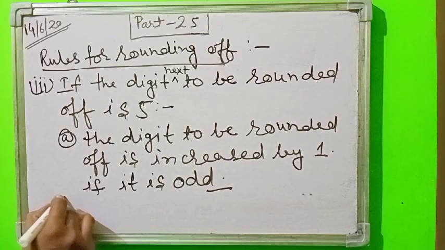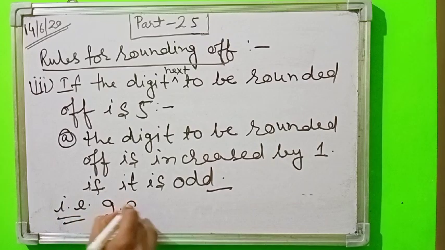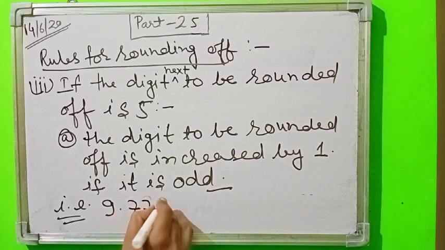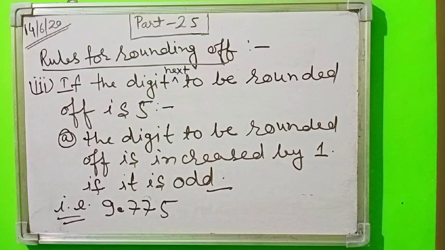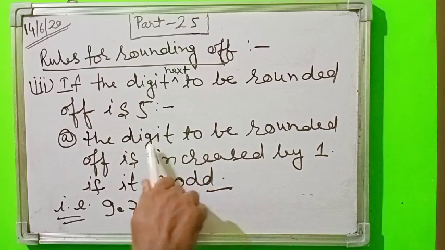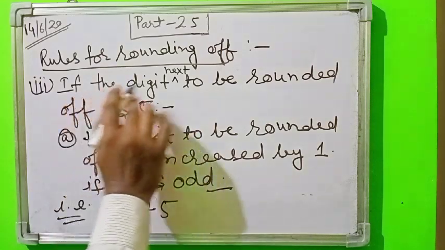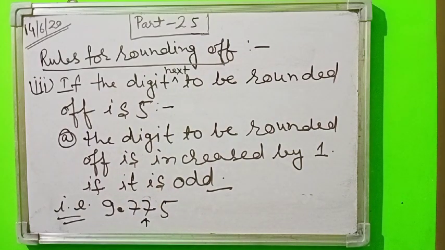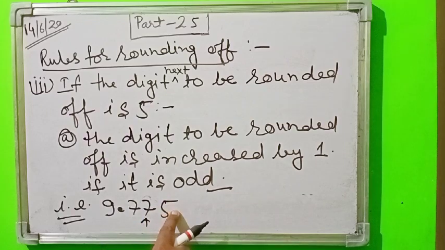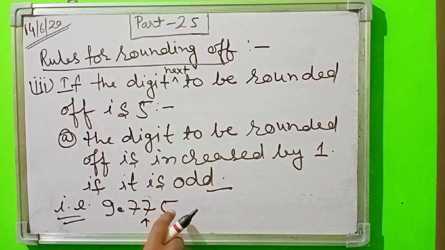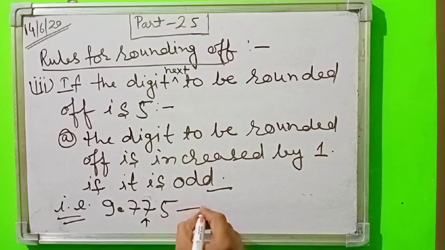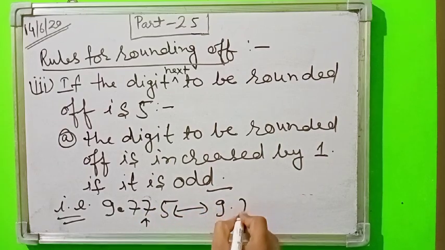Look at this example, 9.775. We have to round off up to 7 because 5 is uncertain, and this 5 is neither greater than 5 nor less than 5, it is exactly 5. So we have to see the digit before the 5, and 7 is odd. Since 7 is odd, it becomes 9.78.